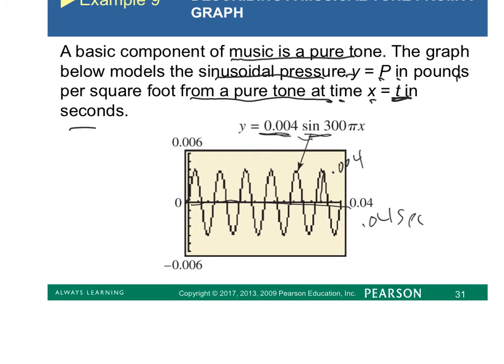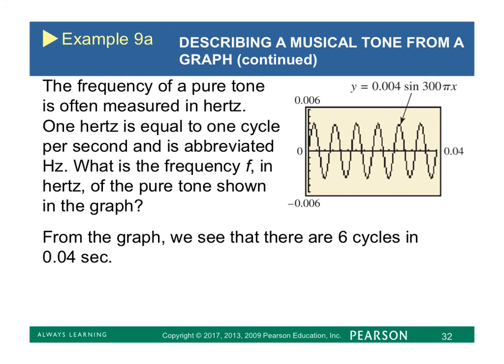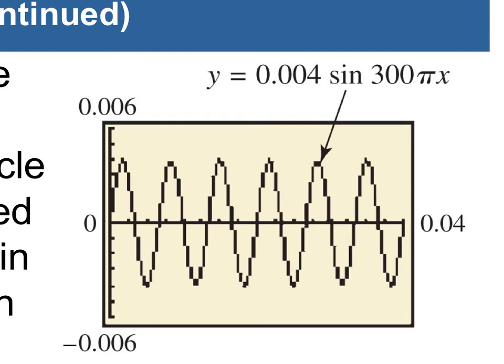What do I have to know? I don't know what he's asking. Okay, I'll just talk. Let's see what he's asking. The frequency. The frequency is measured in hertz. 1 hertz is equal to 1 cycle. Oh, okay. 1 cycle means if I start here and I go, that's 1 cycle. Starts over again.